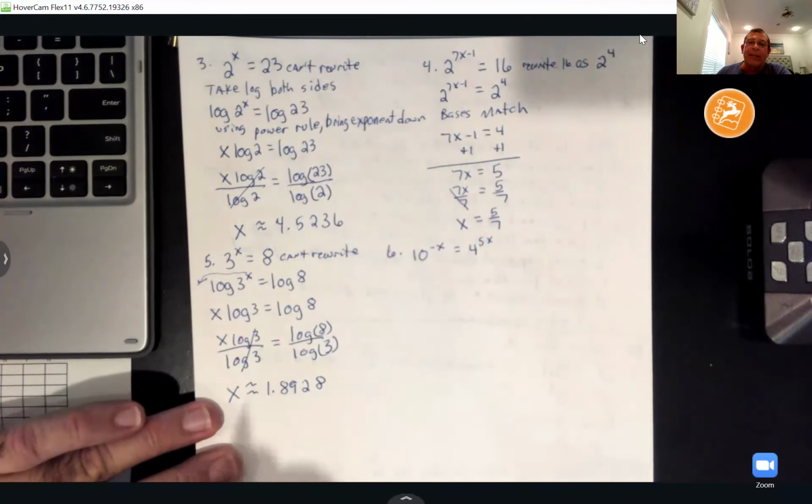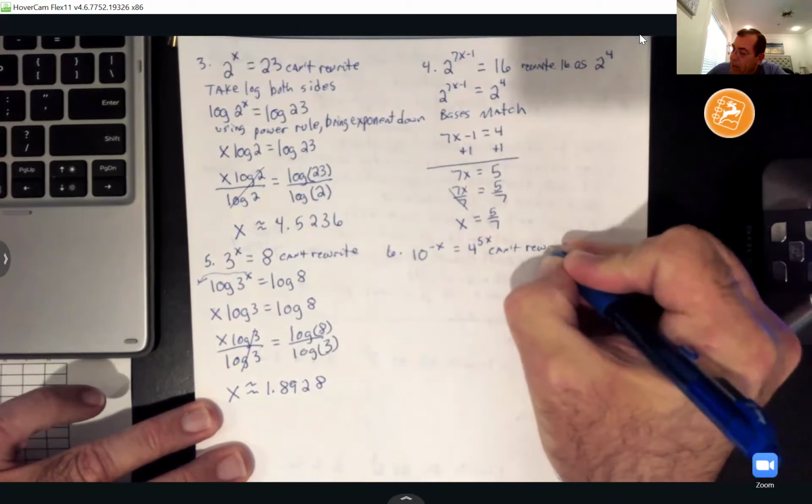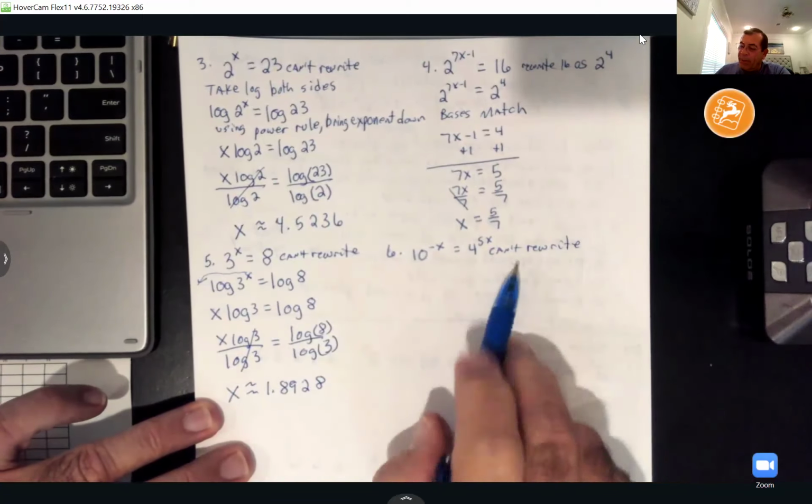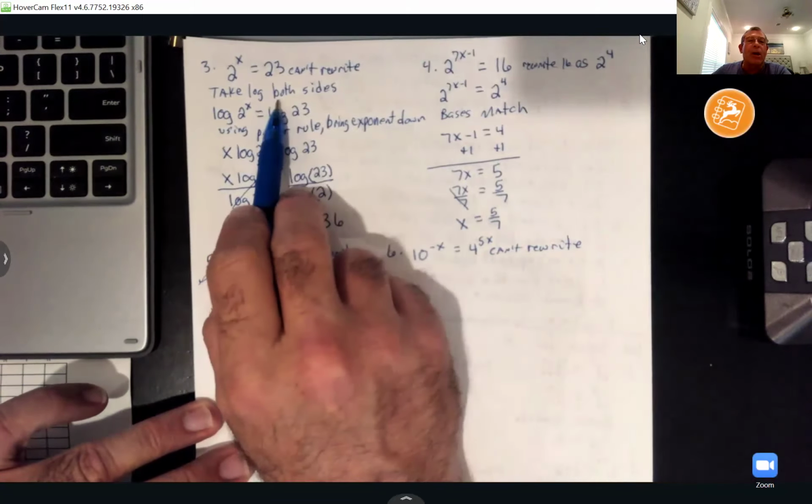But you're going to get the same answer I do on number 6. So the first thing, I'm not even going to try to rewrite that using the same base. So I can't rewrite it. So remember, since we can't rewrite it, we're going to take logs of both sides. So I get a log of 10 to the negative x will equal a log of 4 to the 5x.